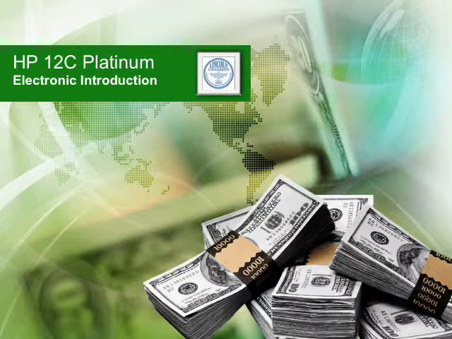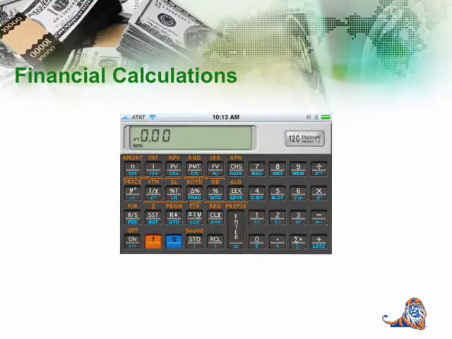Those five keys first begin with the N key, which represents the number of years or periods for any particular formula. The I or interest key, of course, self-explanatory, determines the amount of interest in the formula. The PV key, which stands for present value, what you would need to achieve a certain point in the future.